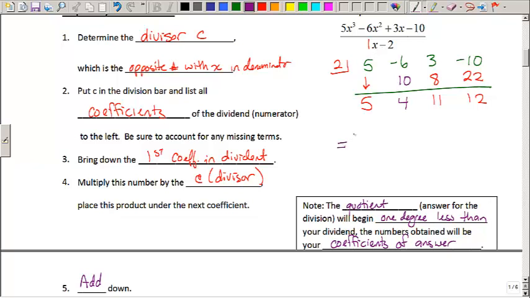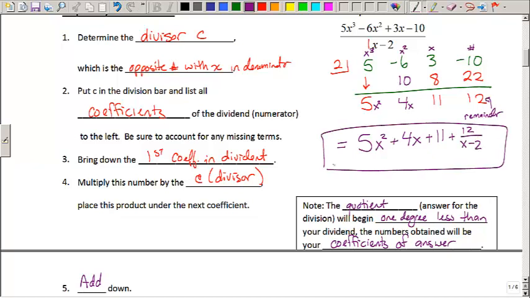My answer will be 5, this was the x cubed column, so I'm going to drop it by 1, 5x squared, plus this was the x squared column, I drop it by 1, 4x, this was the x column, I'm going to drop it by 1, and now this becomes my constant. This was my constant term column, so now this is going to be my remainder. And the way we write our remainder is 12 over x minus 2. So that is our final answer for this division problem using synthetic division.